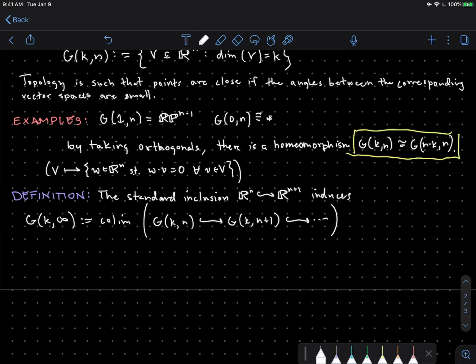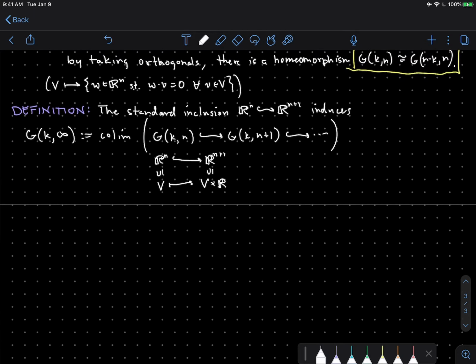Next, there's another inclusion that we can consider, which is given a vector space V sitting inside Rn, we can map into Rn plus 1 and take V to V cross R, where we get now a k plus 1 dimensional subspace.